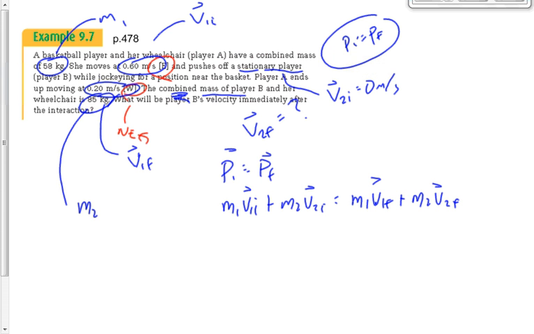Hey, listen, if we got lucky on this, then the mass of both basketball players and their wheelchairs would be the same. If that was the case, we could cancel masses. But we can't, because they're not the same here. We get 58 times 0.60. That disappears because V2I is 0. If you want, you could even avoid writing that down in the first place, if you recognize right away that there is no momentum there.